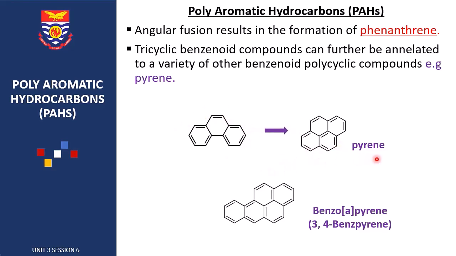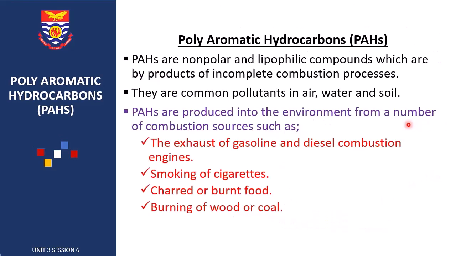This pyrene as well can further be condensed or annulated with another aromatic hydrocarbon, a benzene ring, to produce 3,4-benzpyrene. Now, these polyaromatic hydrocarbons are nonpolar lipophilic compounds, which are byproducts of incomplete combustion processes.